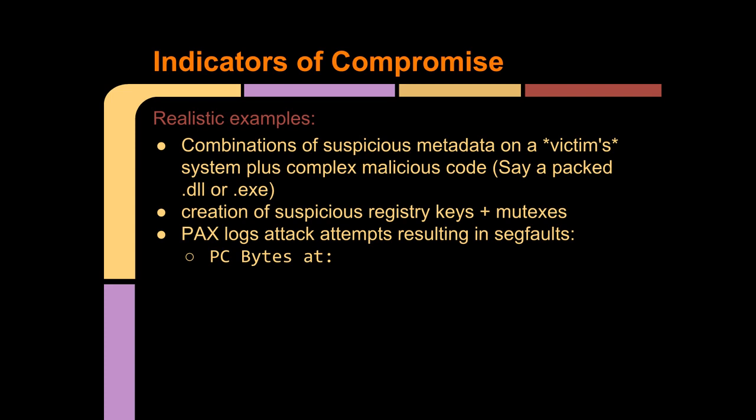So you'll be able to grep for PC space byte space at colon, and it will show you what the raw bytes are. And you can pipe that in many cases directly to objdump or something in a bash one-liner. If it looks like a normal prologue, it's fine. But if it looks like shellcode, then you can see right there that this is a strong indicator of compromise.